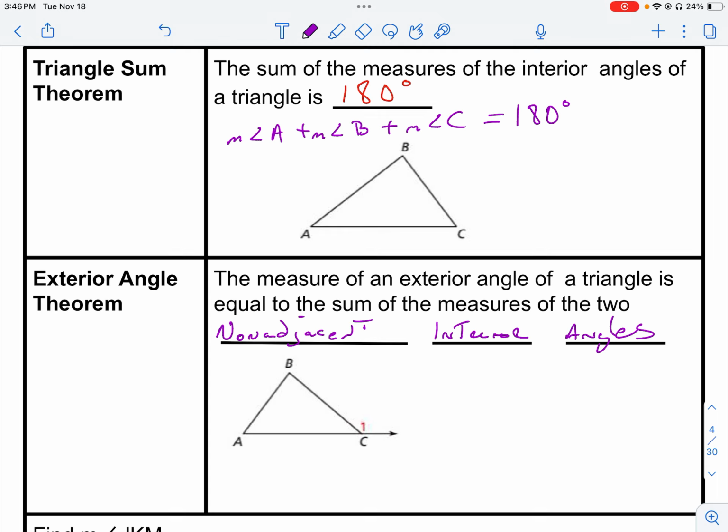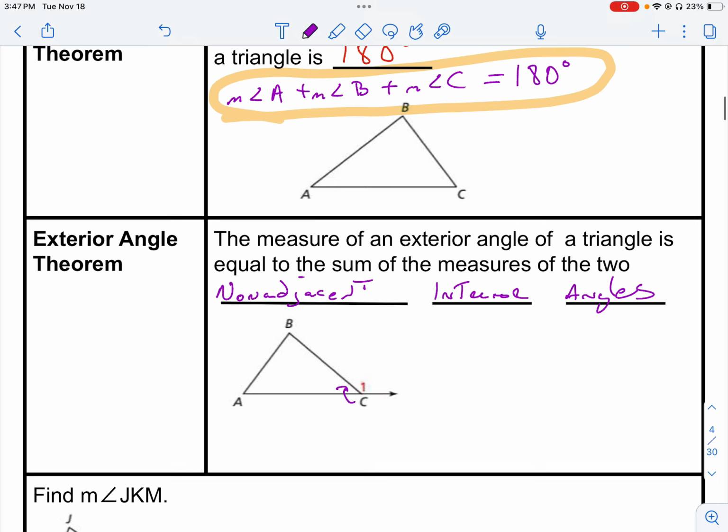So what does that mean to us? Well, we know that the three angles inside a triangle, and let's just call this one right here C, the measure of angle A plus the measure of angle B plus the measure of angle C equals 180 degrees.